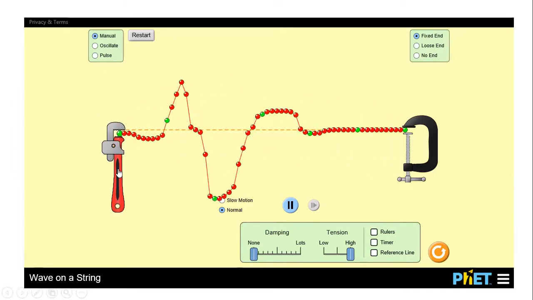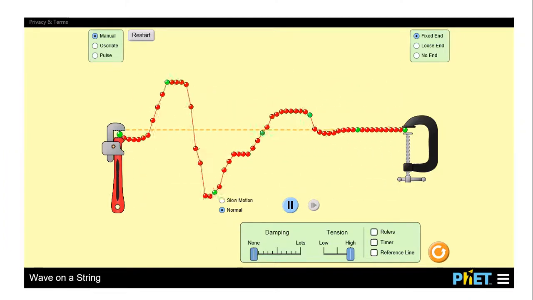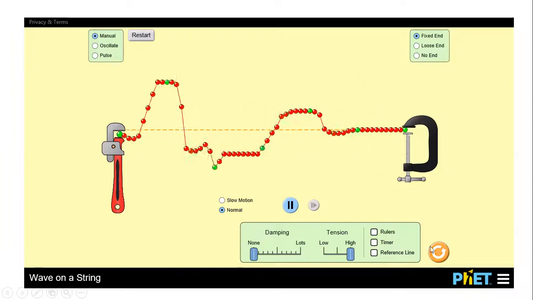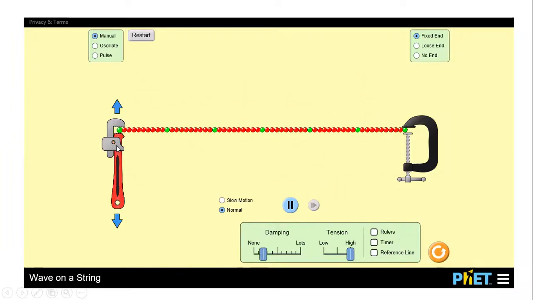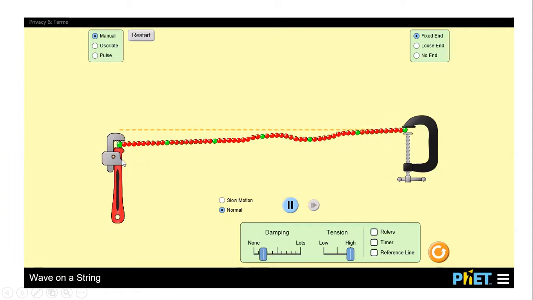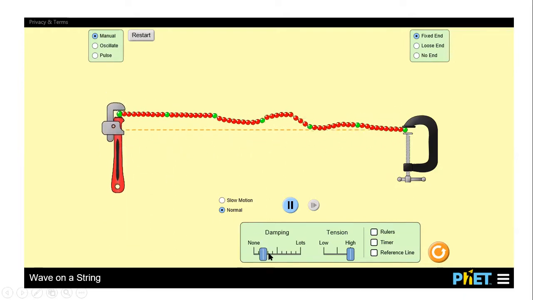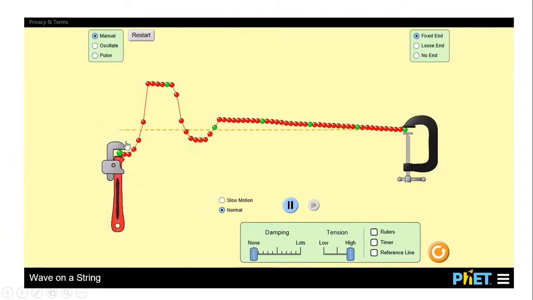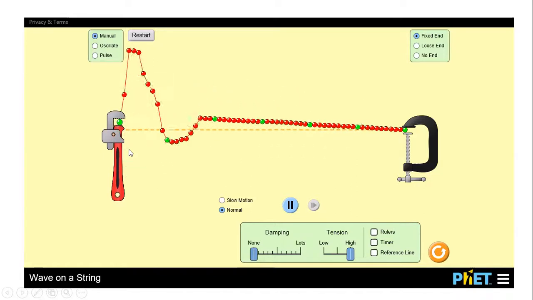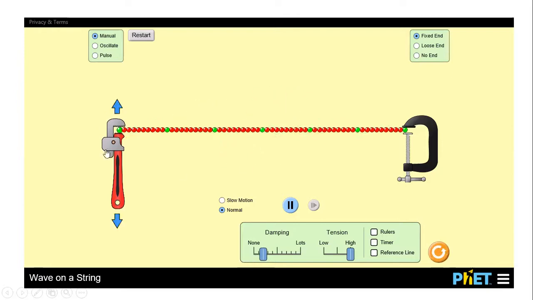Further, you can see the superposition easily. Let me reset it and try again. If there is a damping value, you can see the oscillation gradually damps. With no damping, the pulse comes back and goes again, and if I continuously give the disturbance, the waves will superpose with each other.